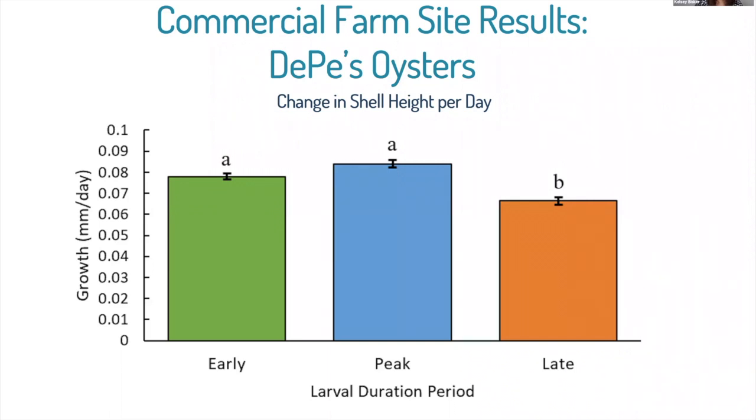This site is actually located just south of a freshwater input in the Mobile Bay, so salinity gets pretty low throughout the year there. And also, according to the farmer, there's a potential for low dissolved oxygen at times. So this farm site is actually a very stressful environment to grow oysters in.